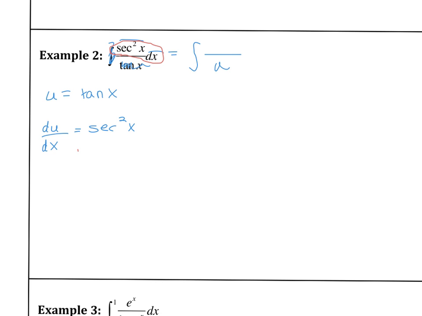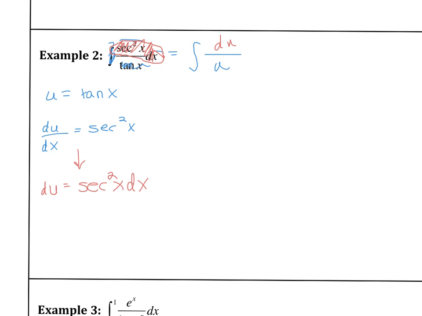And notice, if we come down to this expression here, if we just multiply both sides by dx, we find that du is exactly equal to secant squared x dx. So we can actually just write du on top, and by writing that, we've taken care of all of this. That's a nice little trick that I like and that you can use as you get more comfortable with u substitution.